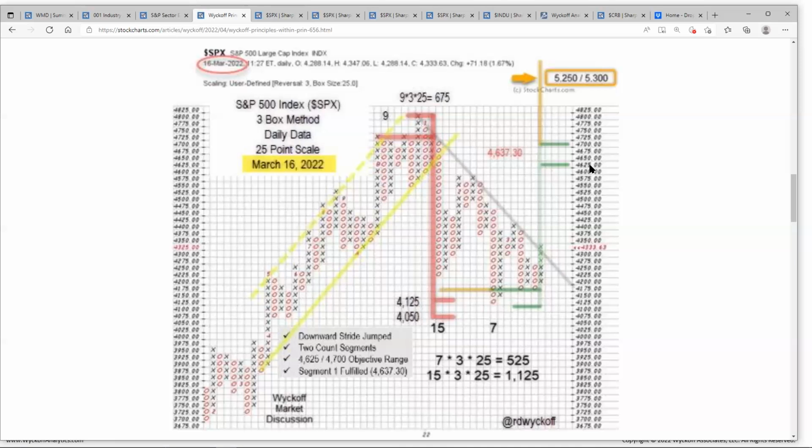Now, a larger count is available to us. This is part of the reason for why we think in terms of reaccumulation, a backup where we could have an attempt to maybe come back into the trading range, not come all the way back down. Here, let me go back to this.